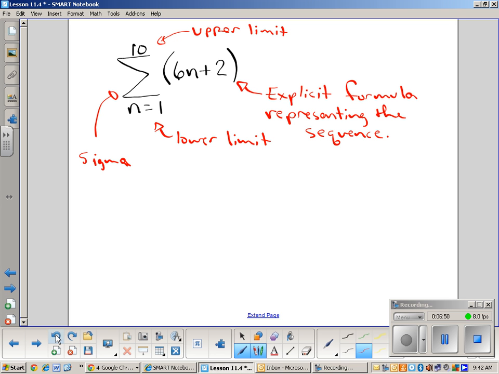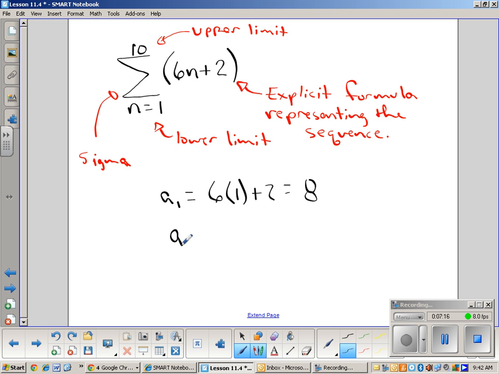We may use the explicit formula to find certain terms, but to find the sum, we won't do that. So how would I find the first term? Plug 1 in. So 6 times 1 plus 2 is 8.